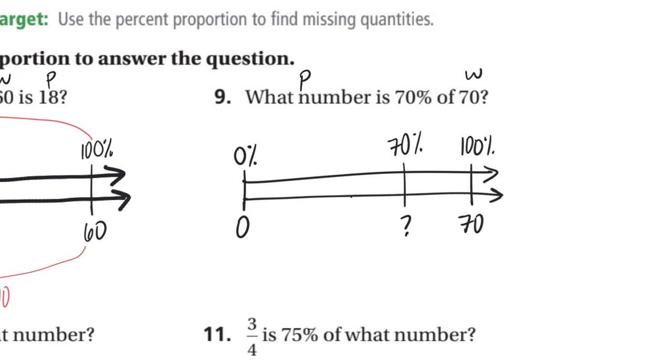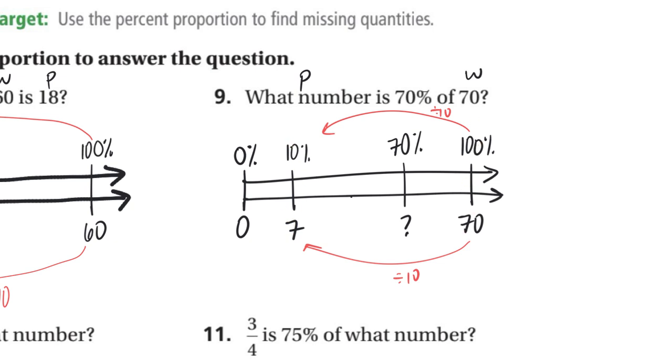The 70 and 100 share a common factor of 10. To get from 100% to 10%, divide by 10. And to get from 70 to the 10% piece, we would divide by 10. So 7 is 10% of 70, and 70 is 100% of 70.